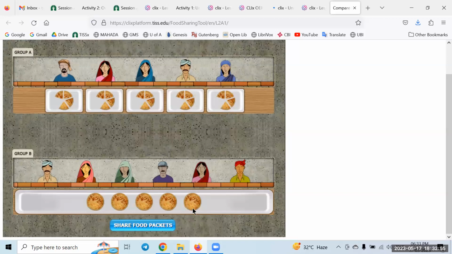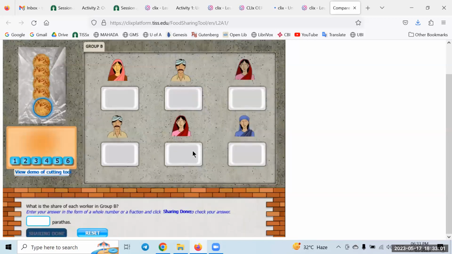I think 6 pieces, ma'am. 6 pieces. Sharing food done. 6 pieces? Oh, it will take time. So it's 5/6. There must be some quick way. Can we divide them into half?